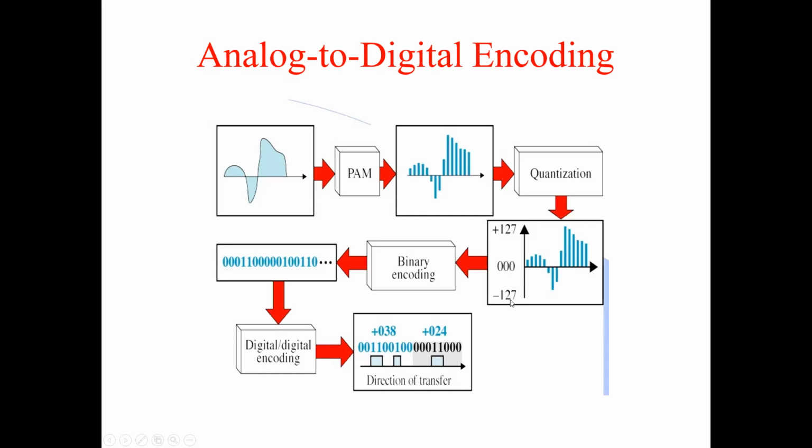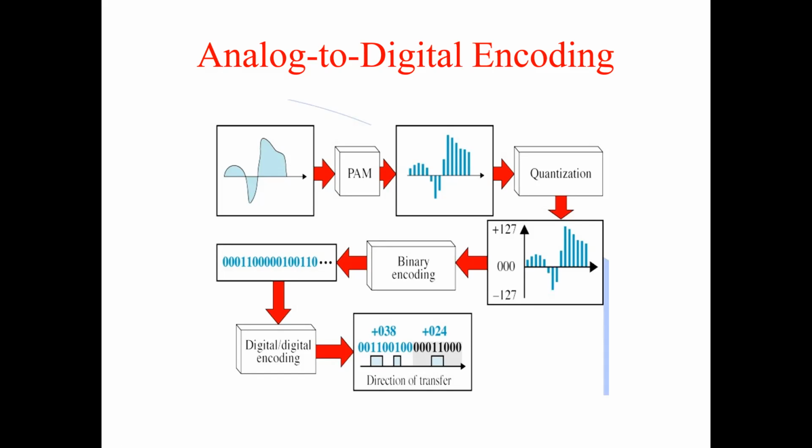Here we are giving the minus 127 to plus 127 interval. We are rounding the sample value to the nearest quantization level, between plus 127 and minus 127, rounding to one of the nearest values.